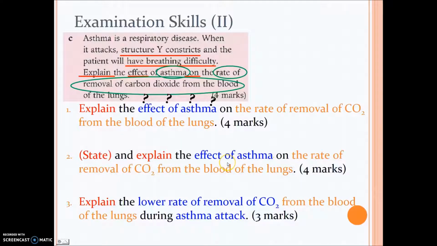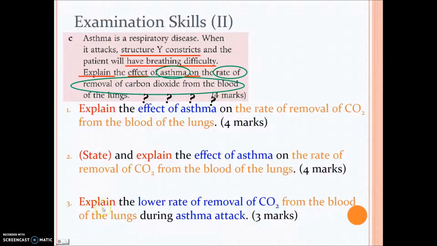The action verb state is added. So remember, state the effect 1 mark, and explain the effect 3 marks. 1 plus 3, 4 marks.